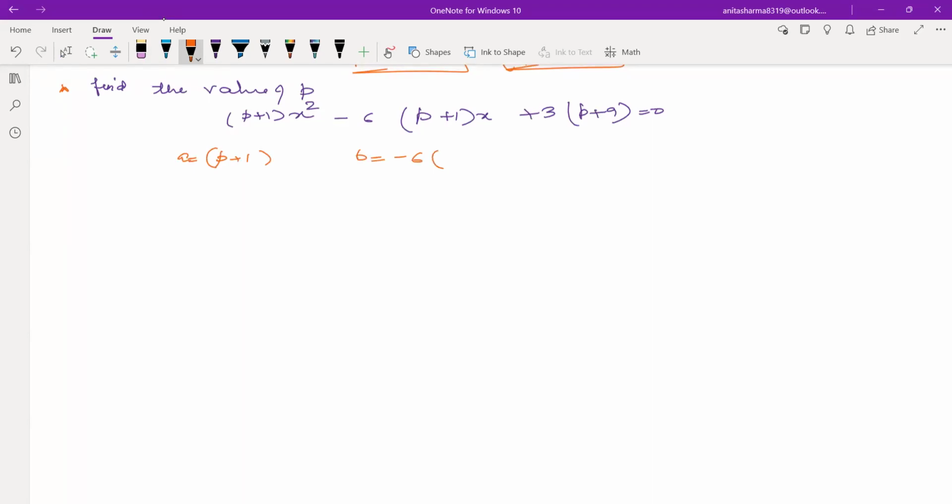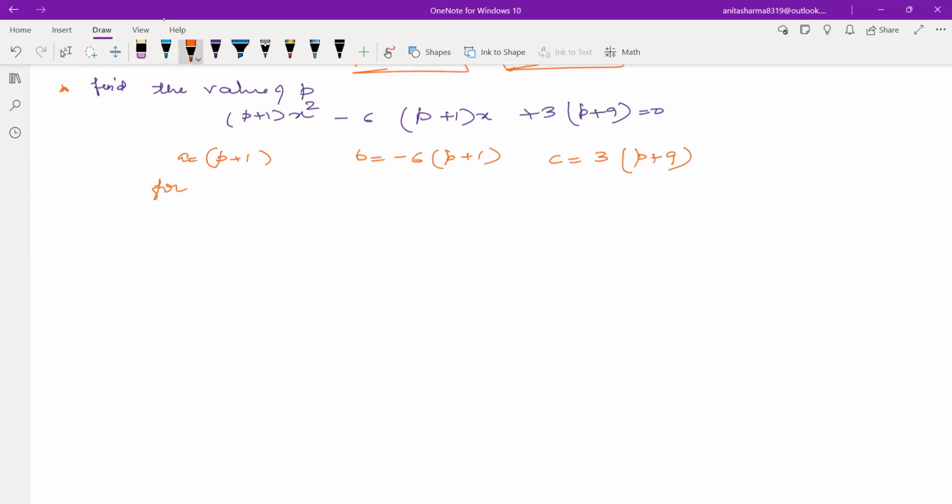Value of B is minus 6 P plus 1. And value of C is 3 times P plus 9. Ma'am, I got 24 P square plus 60 P plus 12 P plus 12 P plus 36 is equal to 0.